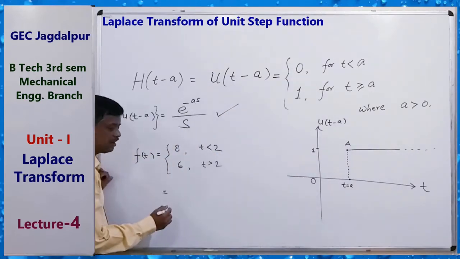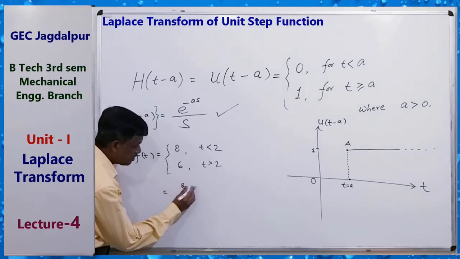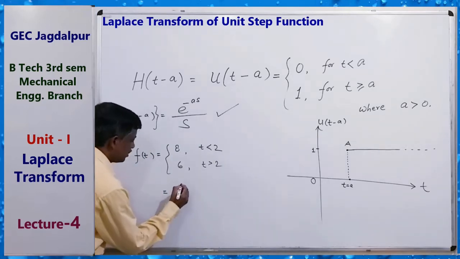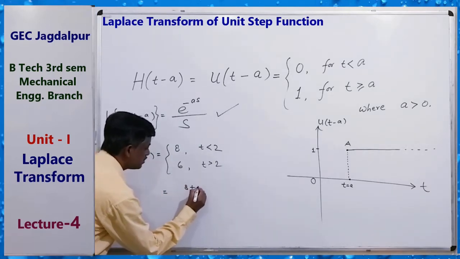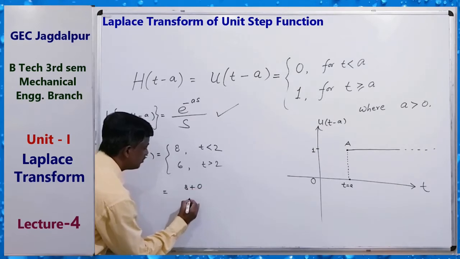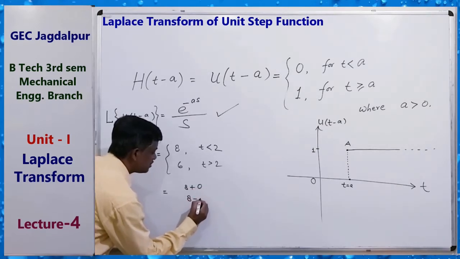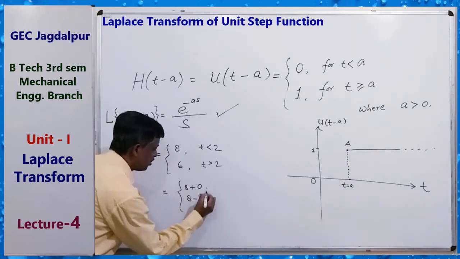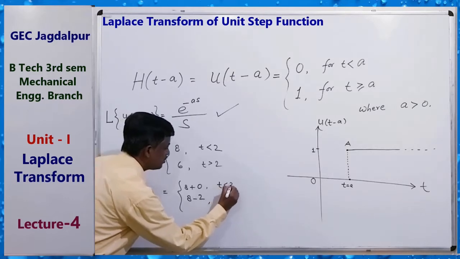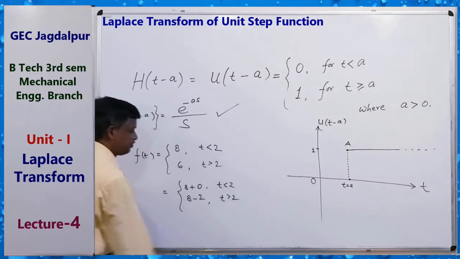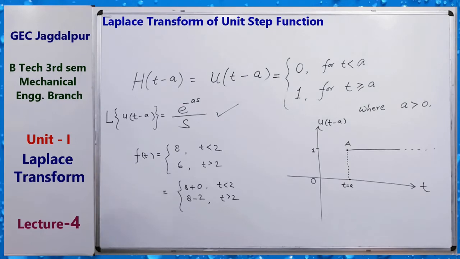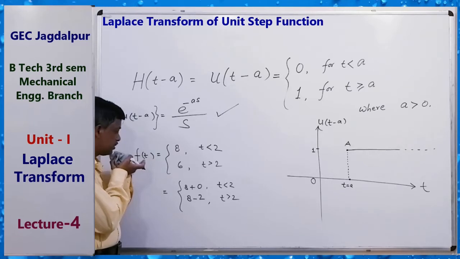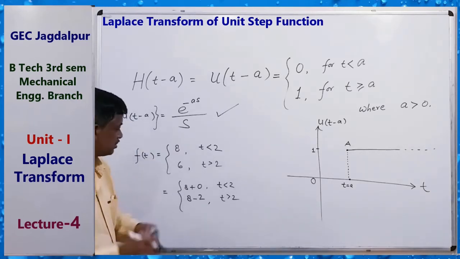So we can write it like this: 8 plus 0 and 8 minus 2 for t less than 2, t greater than 2. Remember this thing: how can we express a function in terms of unit step functions?